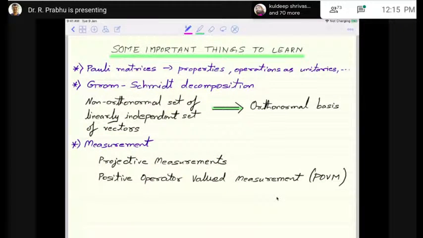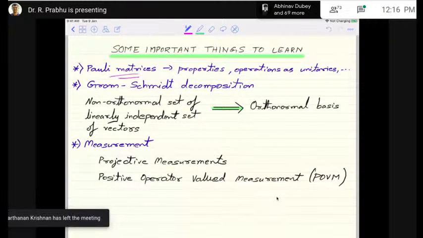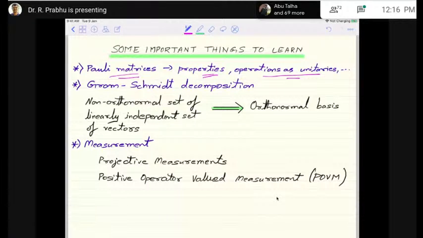Again, when it comes to 2-qubit systems, there are some things that I am not dealing with here because of the time constraint. If you want to understand the entirety of handling 2-qubit systems, it is better that you read and learn about the Pauli matrices, their properties, and how they operate as unitary operations.